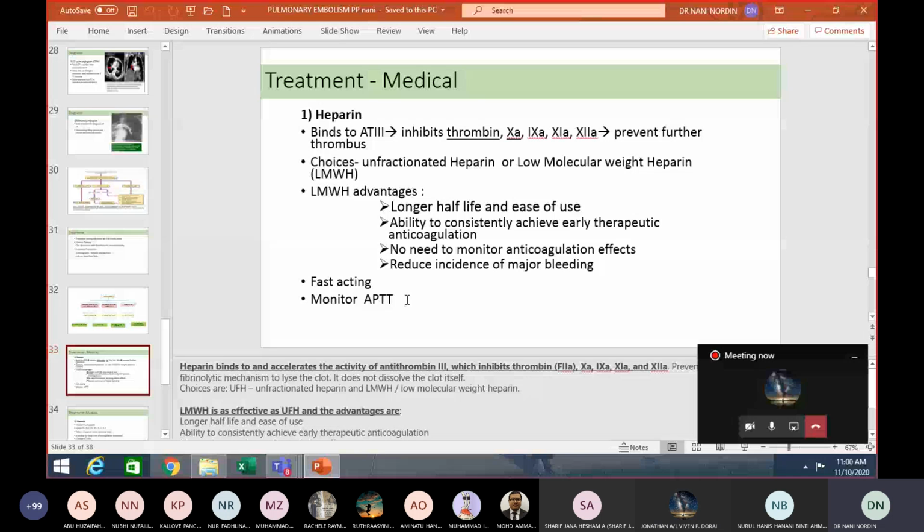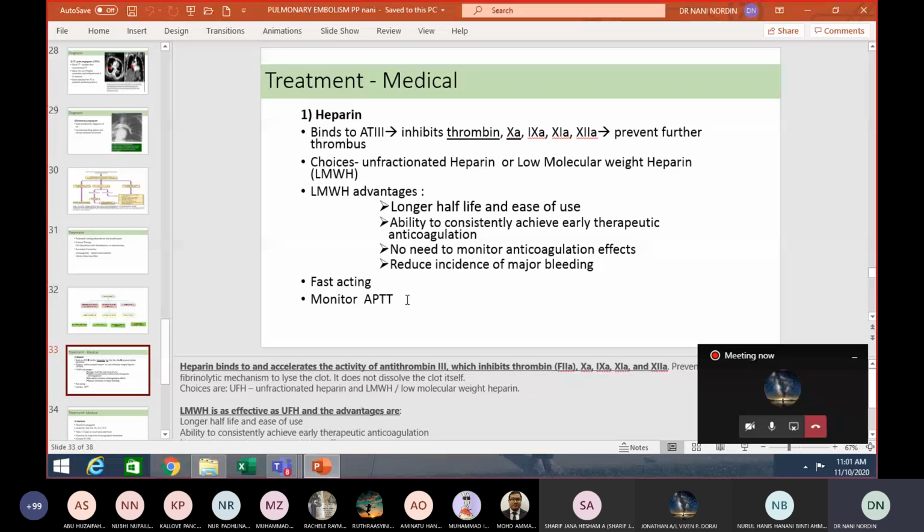So APTT is for you to monitor your intrinsic pathway, because heparin inhibits your intrinsic pathway, so you monitor your APTT. The advantage of low molecular weight heparin is it has a longer half-life. It can easily reach the anticoagulation that you need.